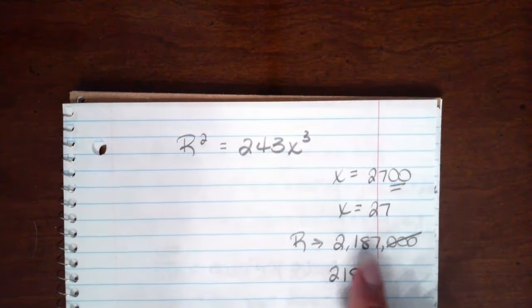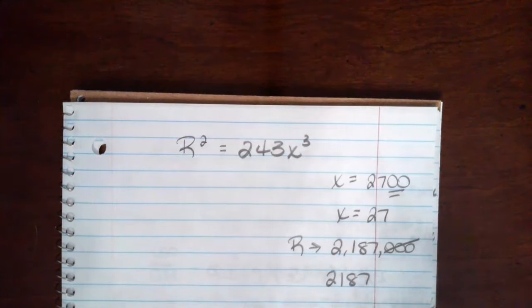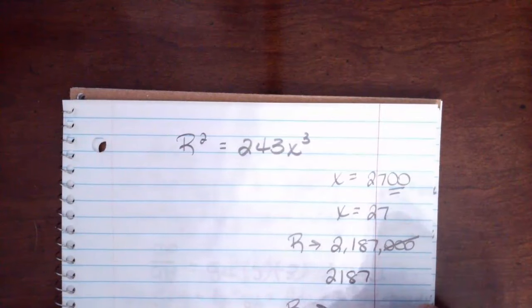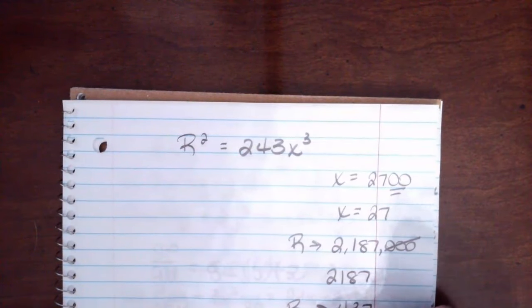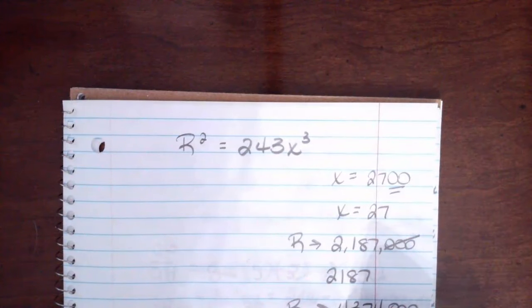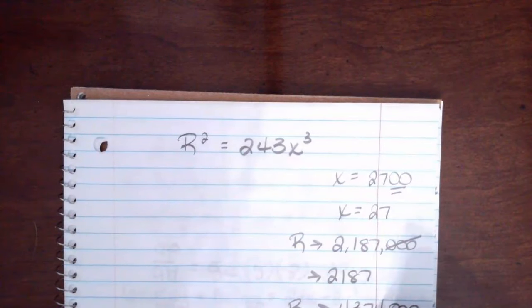This is how much I'm making this year. Next year, I want to make 4,374. So revenue next year is going to be 4,374, which is just 4,374.